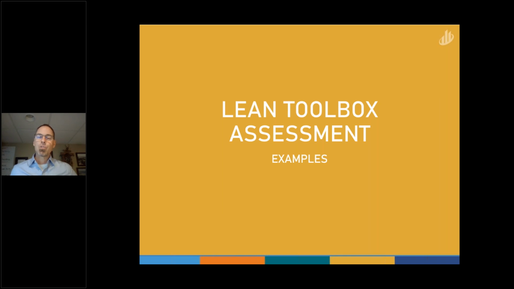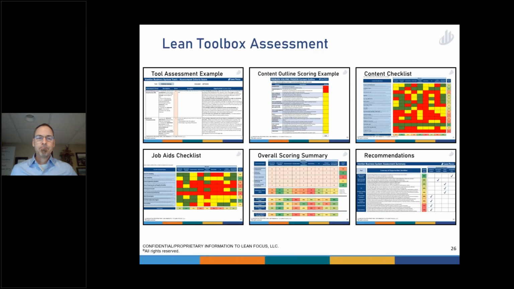But without that strong toolbox, you're not going to have that foundation to build from, that consistency and that standard work for deployment as well. So they go hand in hand. So looking at the toolbox assessment, we have really a rubric, a structured process for evaluating the toolbox.